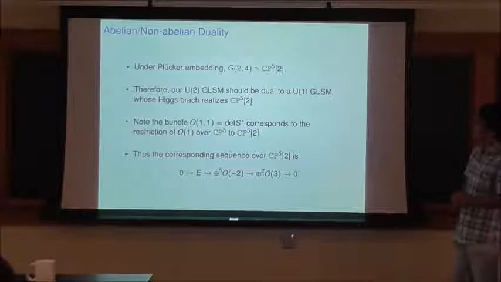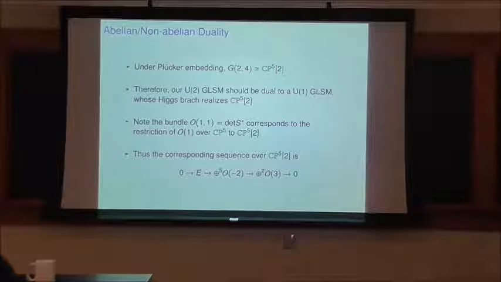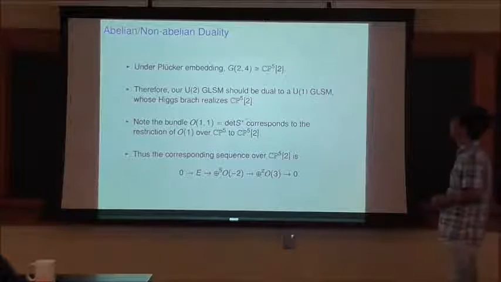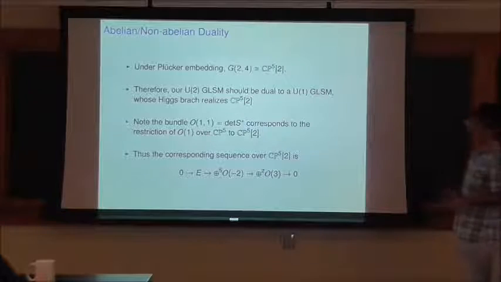So you have a geometry which is a bundle over G24, and G24 is the same as a degree 2 hypersurface in CP5. So you wonder if there is a gauge theory describing the second geometry, and the answer is yes. The idea is that this original U2 gauge theory should be dual to the U1 abelian gauge theory because they have the same Higgs branch.